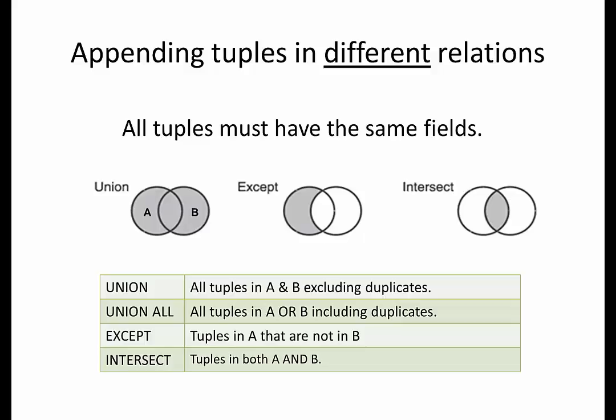Union all will do all tuples in A and B, but include duplicates. Except does tuples in A that are not in B, and intersect does tuples that are in both B and A.